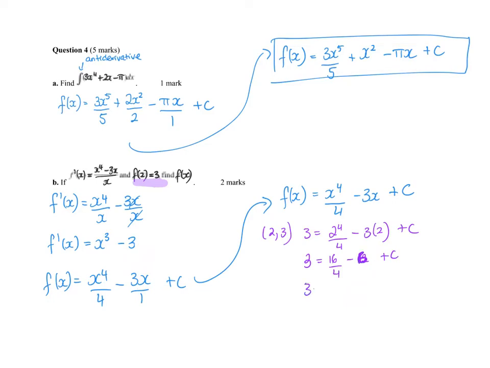Okay, so we got 3 equals 4 minus 6 plus c. So 3 equals negative 2 plus c. So positive 5 equals c. So therefore the function is x to the power of 4 over 4, minus 3x plus 5.